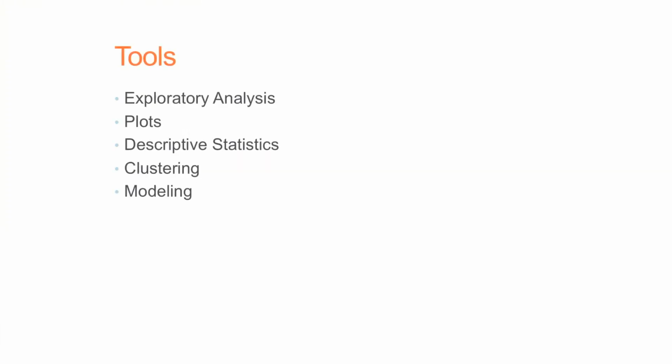The other is that we're typically looking between people rather than within a large set of genomics data. The tools available in social sequence analysis, especially through TraMineR, are used for exploratory analysis, plotting, descriptive statistics, clustering, and modeling.